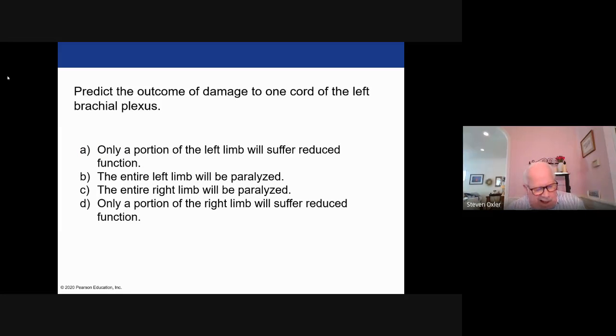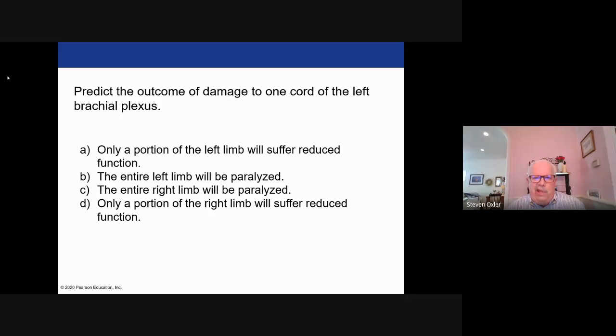Predict the outcome of damage to one cord of the left brachial plexus. Remember, the brachial plexus comes out of the cervical cord, C1 through C8, and it has more than one cord. One cord is a nerve.